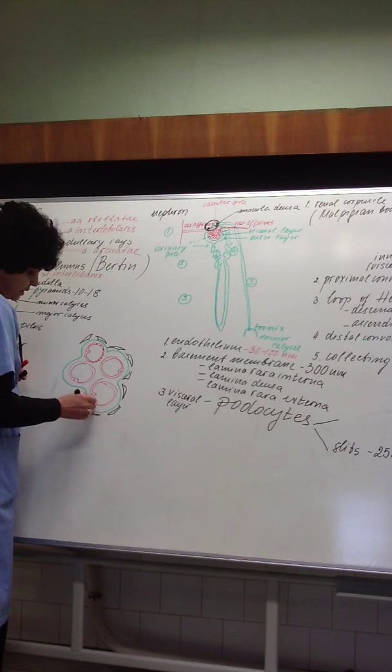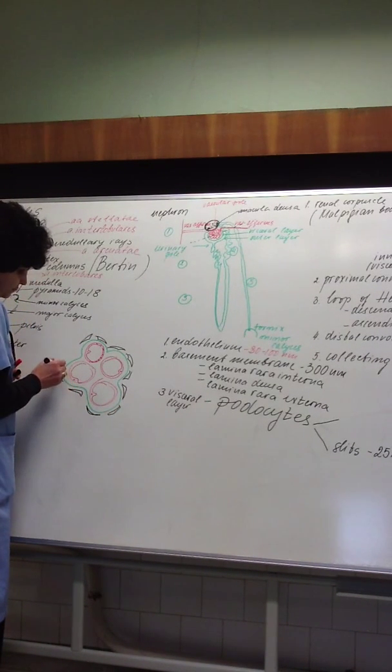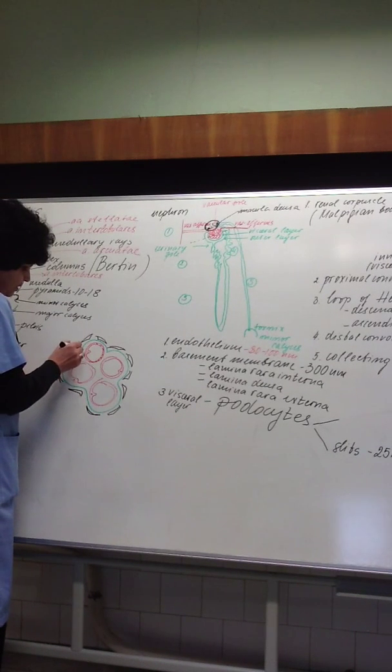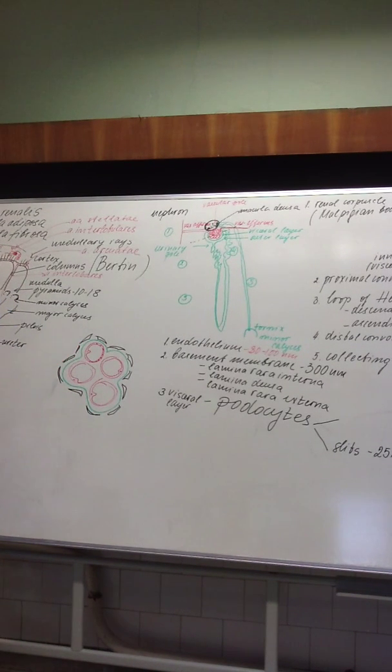These are podocytes with filtration slits, but note that the wall of capillaries is not entirely enveloped by basement membrane, not entirely surrounded by the visceral or inner layer of Bowman's capsule.